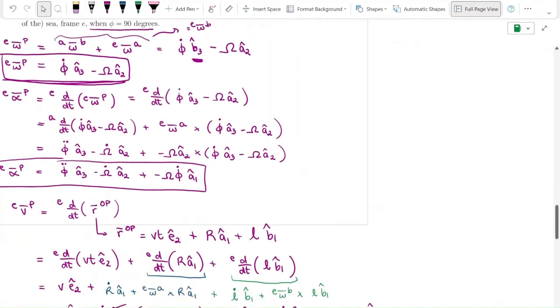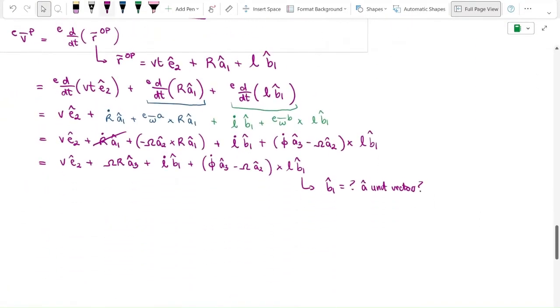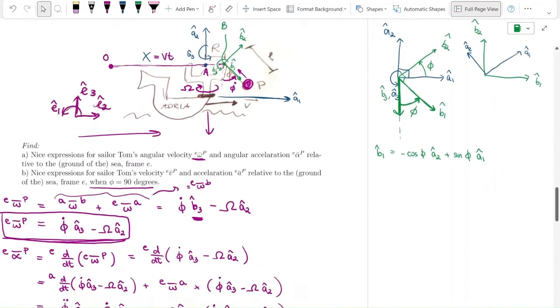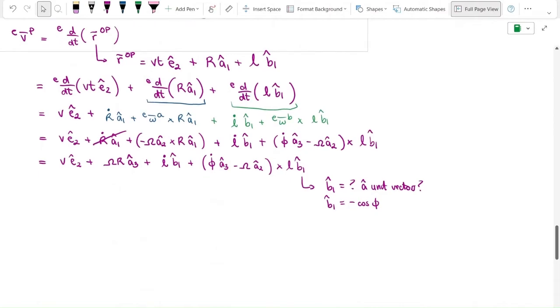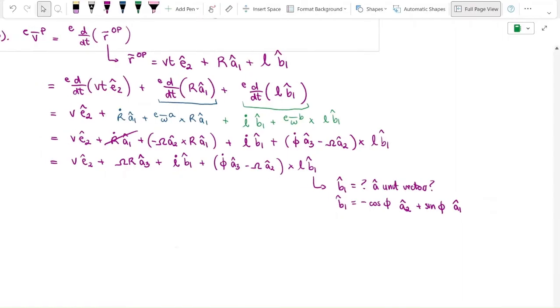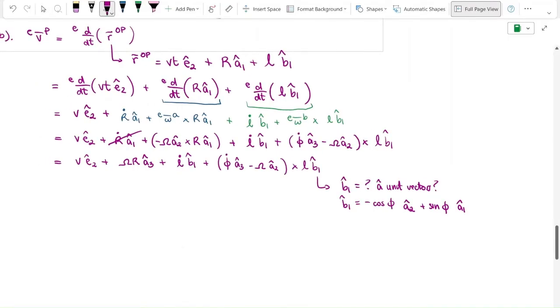Now we can put that into the bottom expression here, so b1 hat equals negative cosine phi a2 hat plus sine phi a1 hat. Okay, and then we just plug that in.